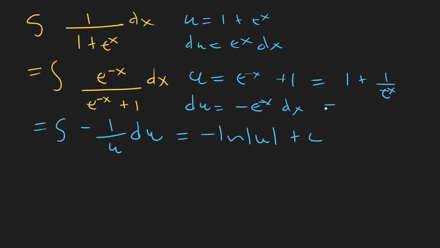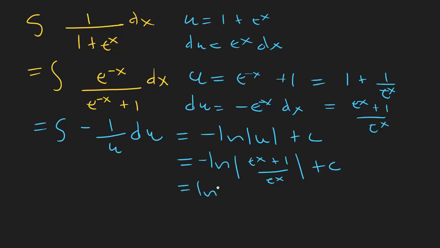Minus the natural log of the absolute value of e to the x plus 1 over e to the x plus c. Okay, but now this actually becomes, because of the negative sign, the natural log of the absolute value of e to the x divided by e to the x plus 1, and then plus c.